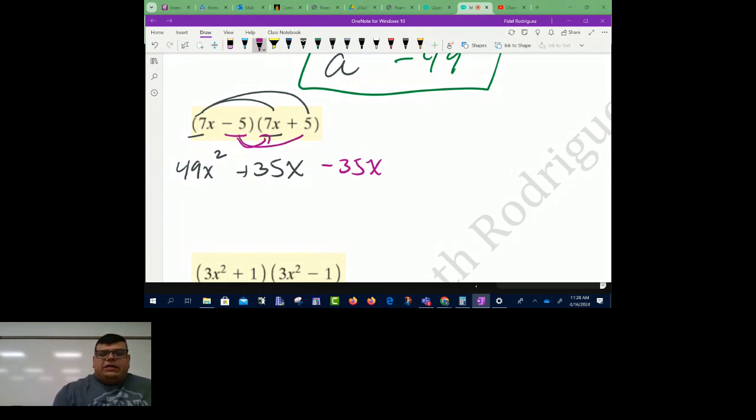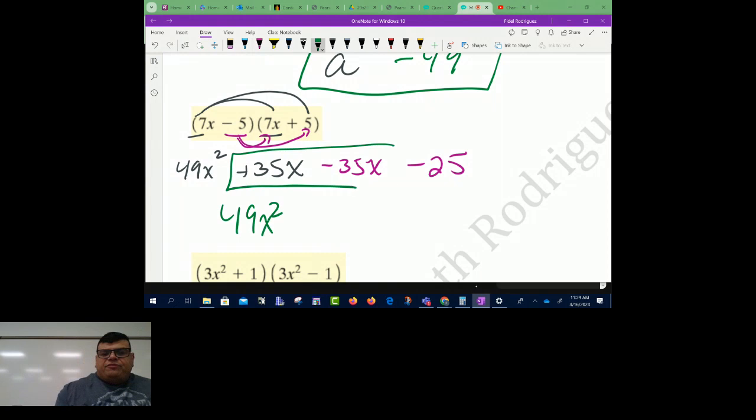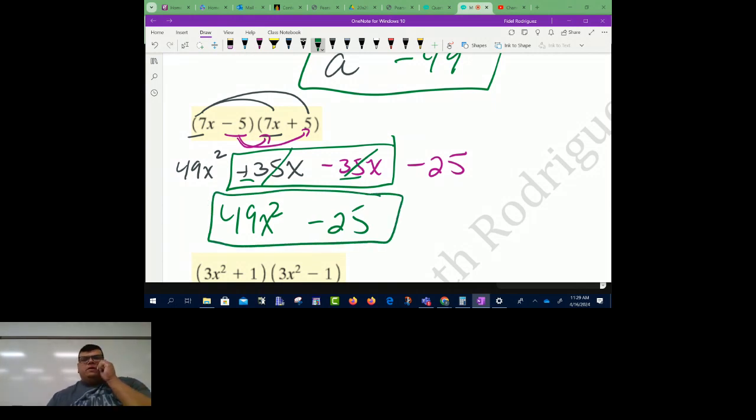And then finally, negative 5 times positive 5, y'all, negative 25. Y'all, I'm going to worry about combining my like terms. I only got that 49x squared. If I look at my 35x's, y'all, one's positive, one's negative. They're going to cancel each other out. And again, I got a minus 25 right after that.